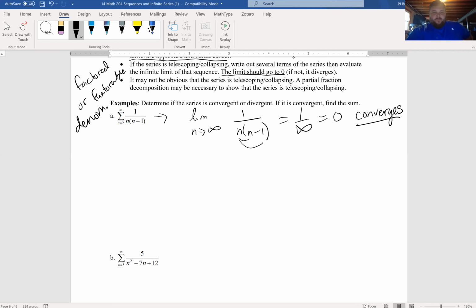If it converges, then we can continue. If it doesn't converge, there's no point in trying to prove that it's telescoping and therefore find its sum. Notice it says a partial fraction decomposition may be necessary. That's why I said if it's something that's factorable, then it would lend itself to partial fractions.